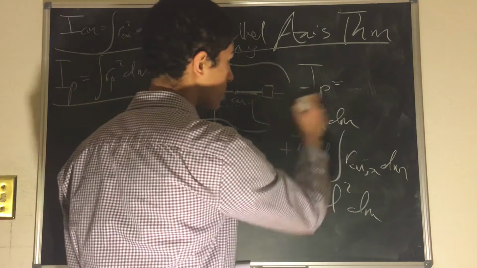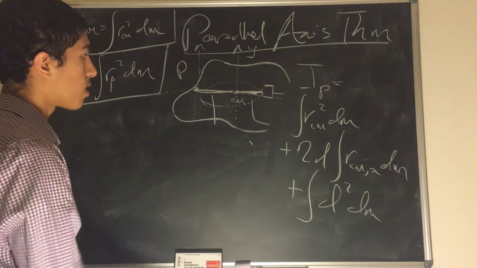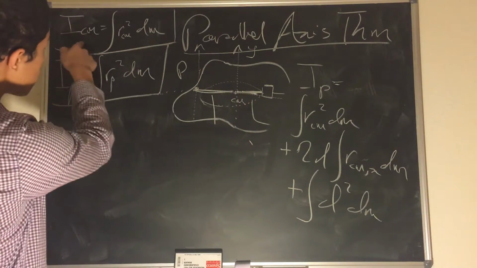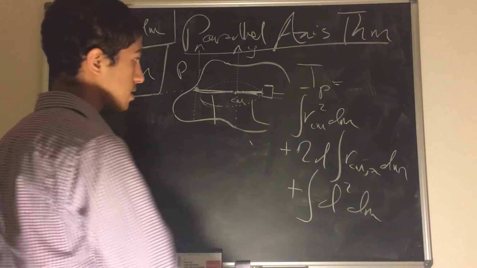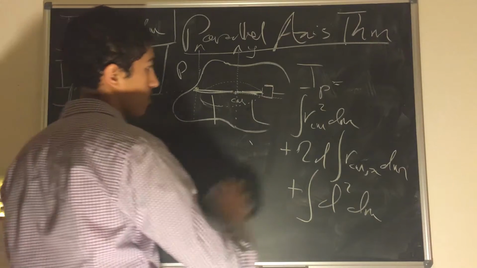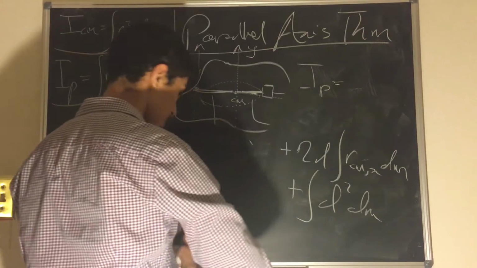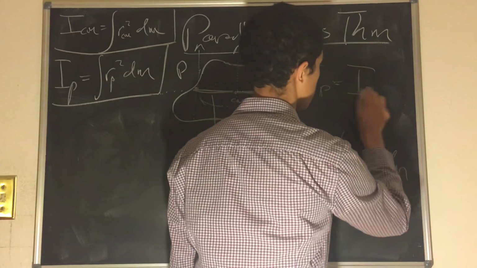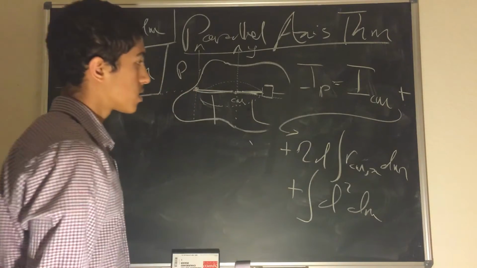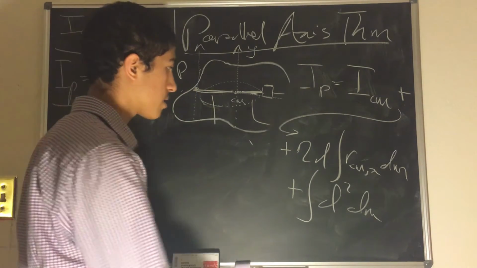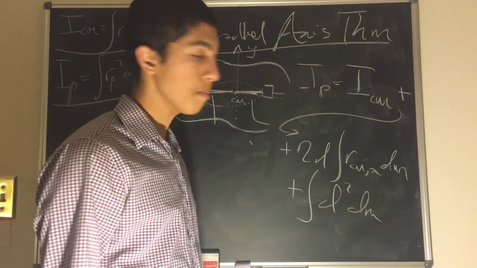This first term looks very familiar, because it is simply the moment of inertia about our center of mass, which we defined earlier. So the integral of r_CM squared dm is simply I_CM. So I_CM plus, and then we have this 2d times the integral of r_CM,x dm.